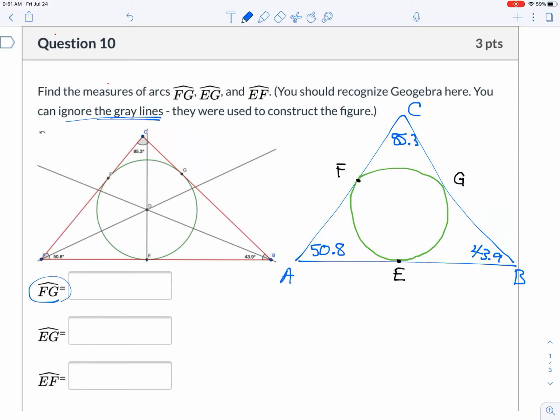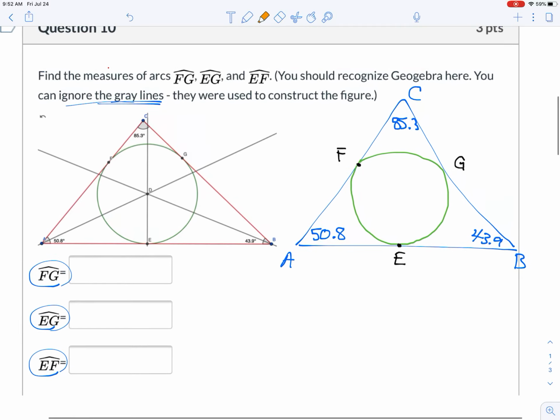So we're trying to find arc FG, arc EG, and arc EF. Essentially, what is the measure of that arc, and this arc? They all come together to form a circle. That's going to be pivotal.